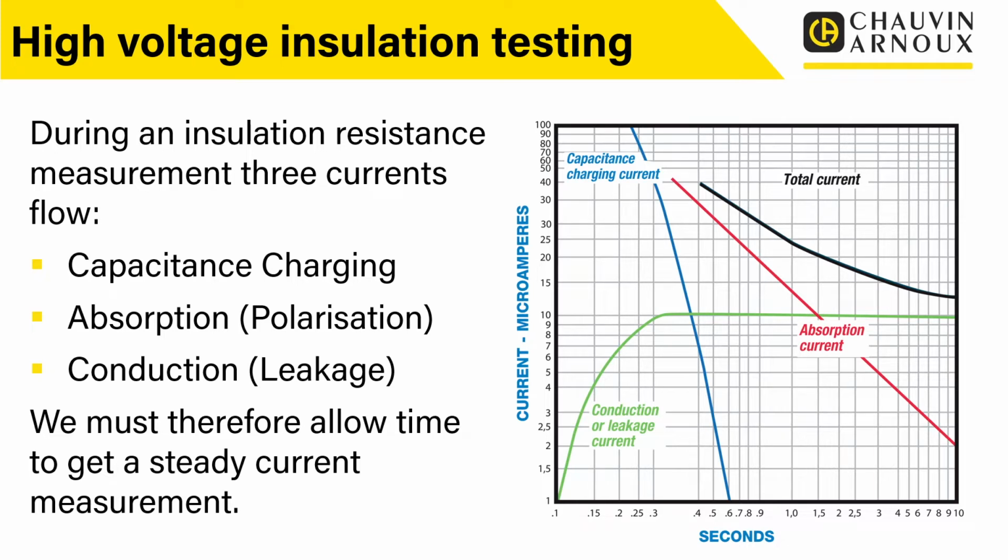The currents start off changing, and then we get to a steady state, and we can use that to tell us more about the condition of the insulation. So this is why we can't just connect it up and say, right, that's your reading. We have to leave it for a period of time to get a reliable reading of the actual leakage and the actual insulation resistance.